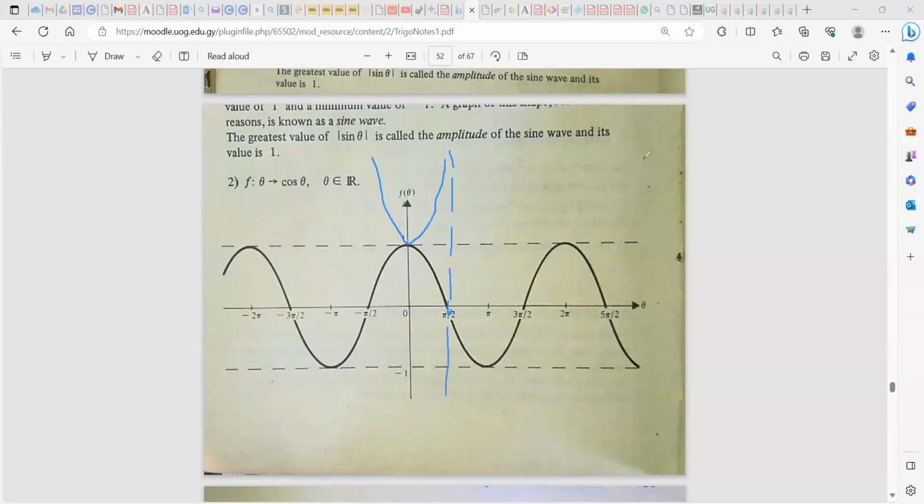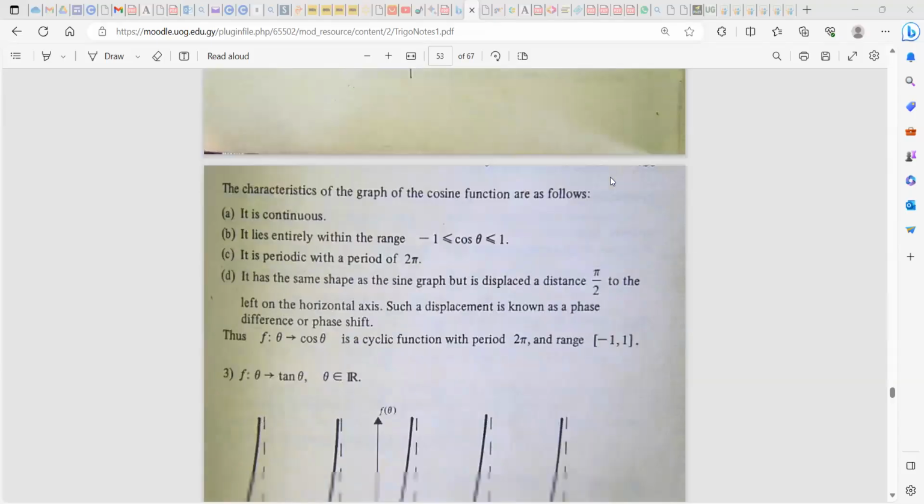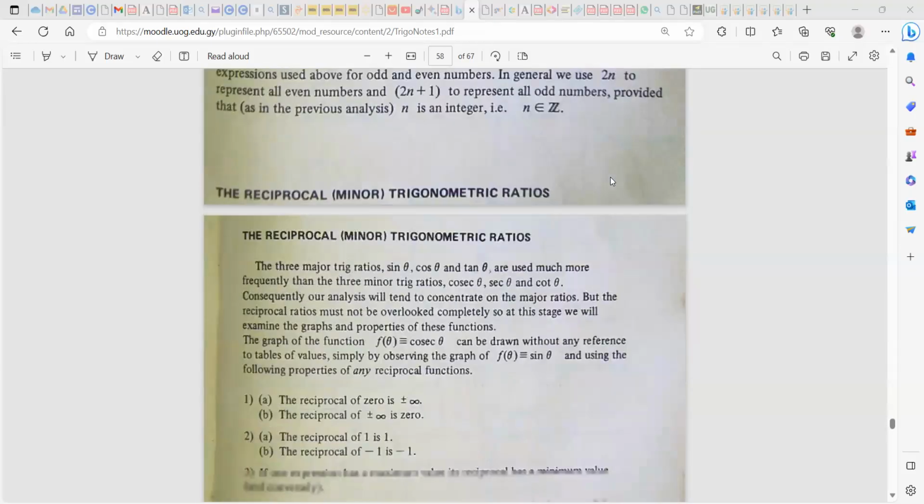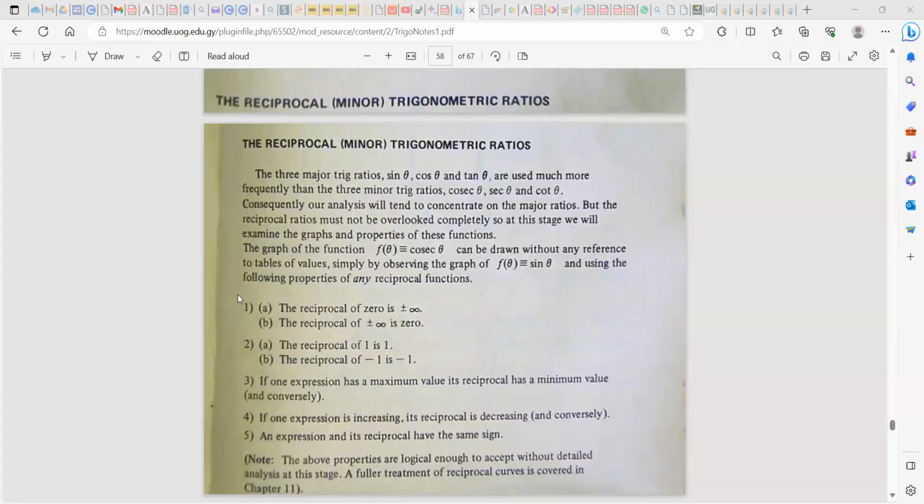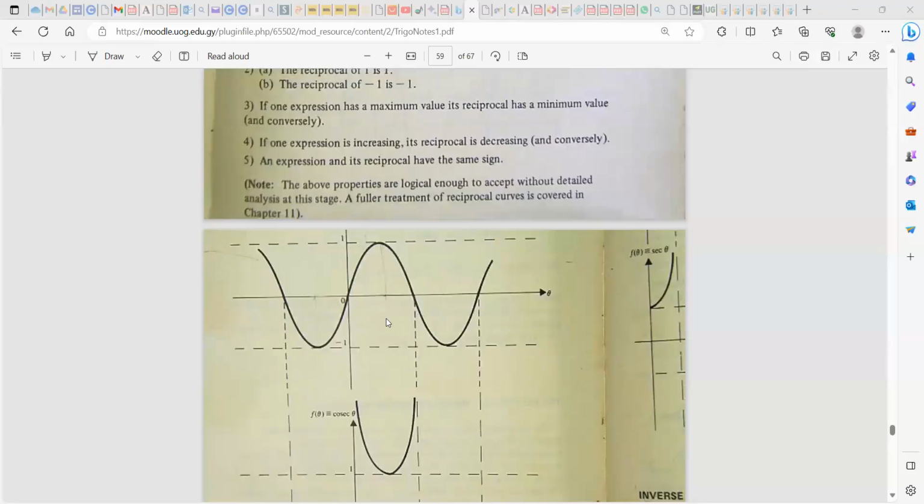So you make use of some basic rules when it comes to drawing reciprocal graphs. All these are little rules, and you can actually see the graph here. This is the sine.